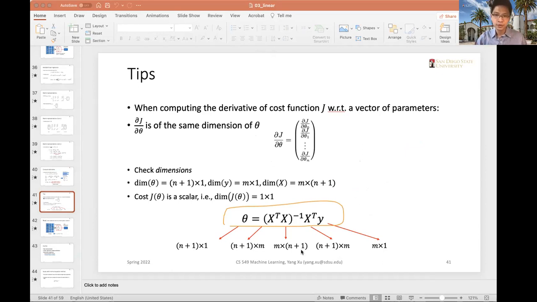All you need to do is to pay attention to the dimensions of your input matrices, make sure that they are in the correct dimensions, and also don't switch the order of the matrix multiplication, because that will directly change the dimensions of your outputs.